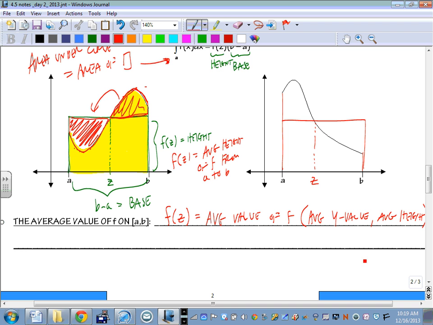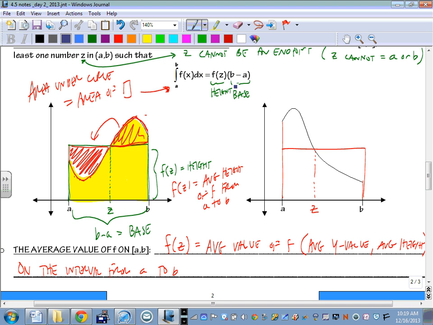F of z is that average value of f on the interval from a to b. So we have this formula. Instead of leaving the formula as it is up here, average value of f is just the f of z part.